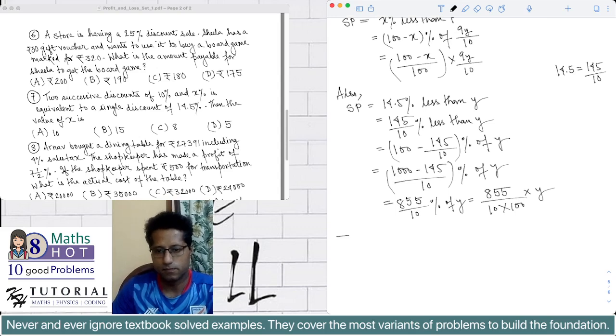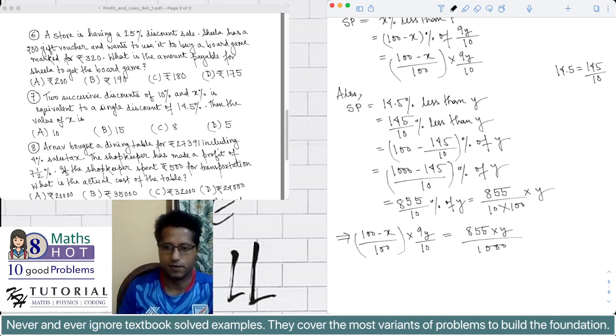So now we can equate the two values of SP. So we can say that 100 minus x divided by 100 multiplied by 9y by 10 is equal to 855 multiplied by y divided by 1000.